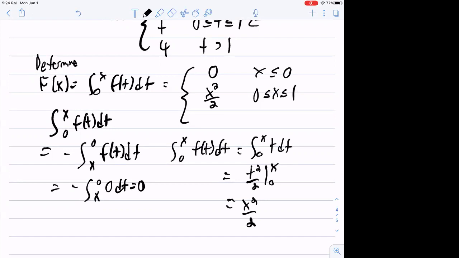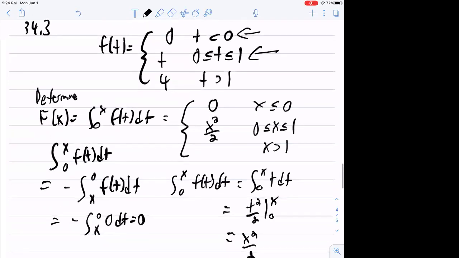And what about x bigger than 1? So if x is bigger than 1, we're in two places, right? We are here and we are here, right? So we need to split this up.